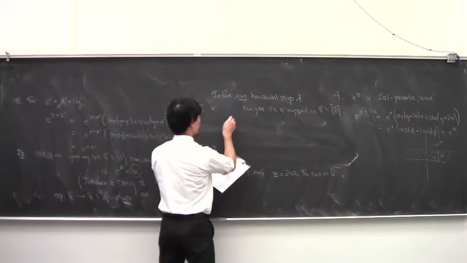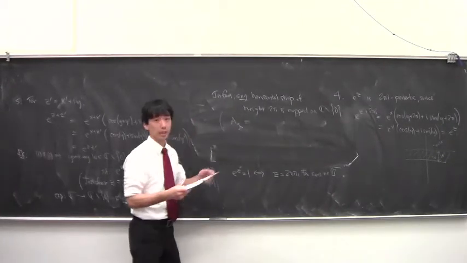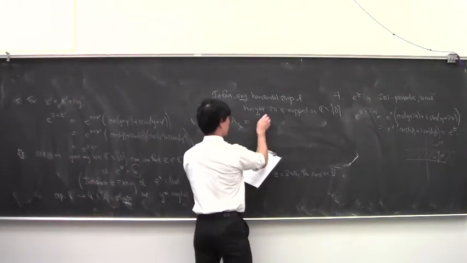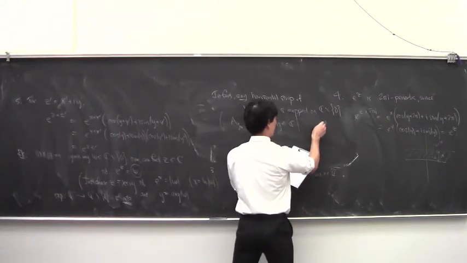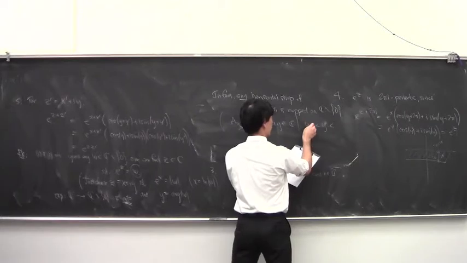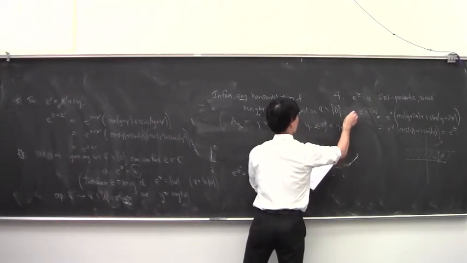Okay. And then the notation in the text that they use is they let A y naught be the set of x plus iy in C, where y is bigger than or equal to y naught and less than y naught plus 2 pi.